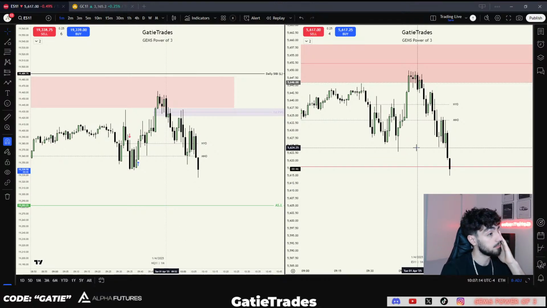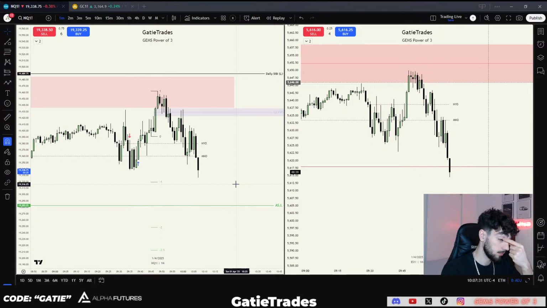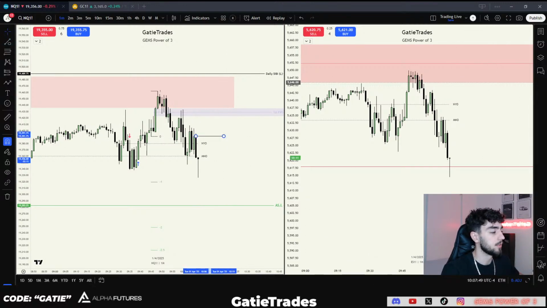We had the right idea, but the wrong timing, which we expected to potentially be a scenario that occurred. We had a seek and destroy model. I mean, we look for a CISD here.